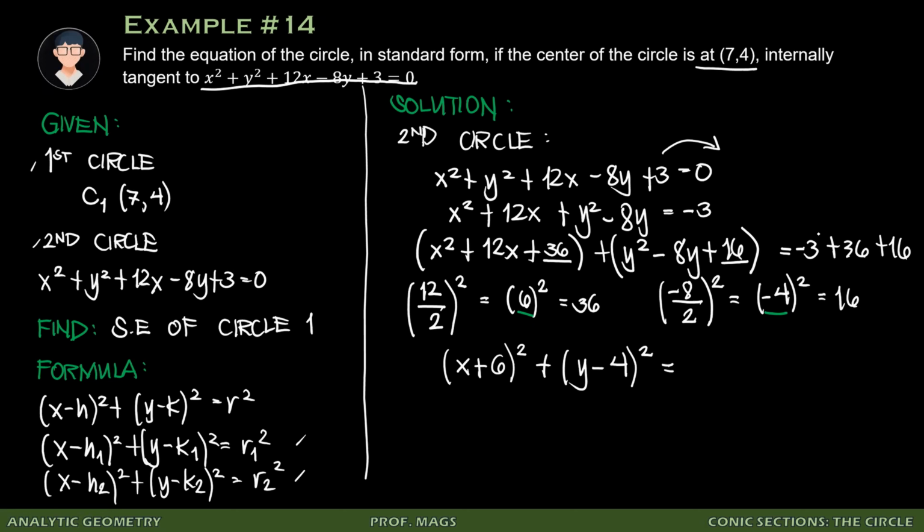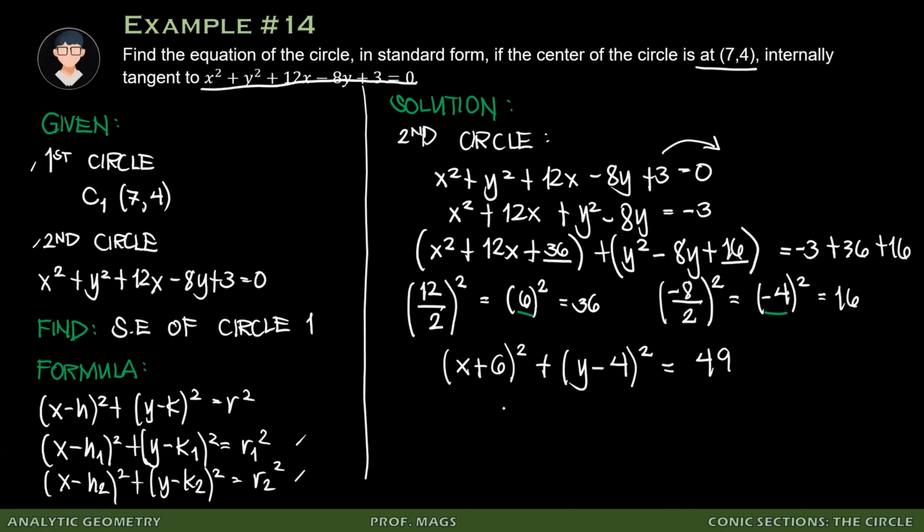Now we are going to proceed to the operation of these constants. So, negative 3 plus 36 is positive 33 plus 16 is 49. Okay.